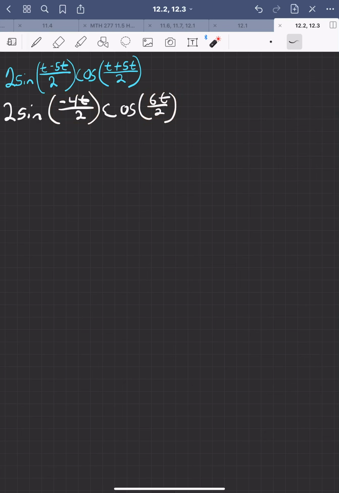And the other thing that's about to happen is I'm going to use the idea that sine of negative x is equal to negative sine of x.